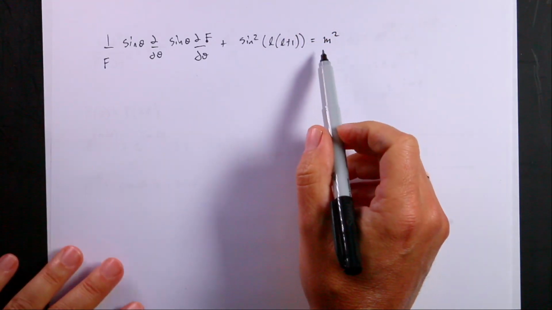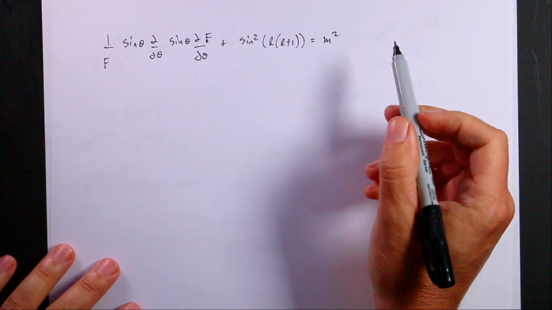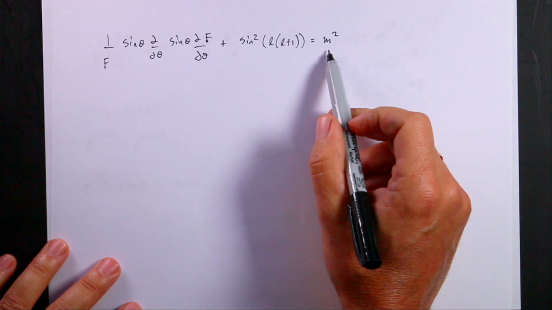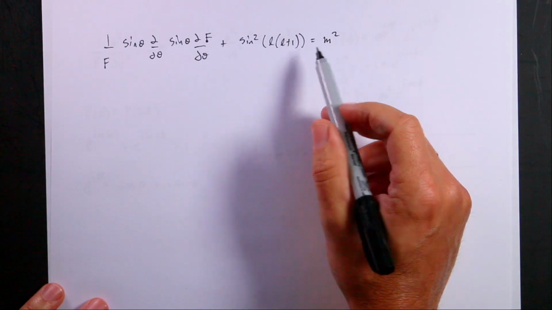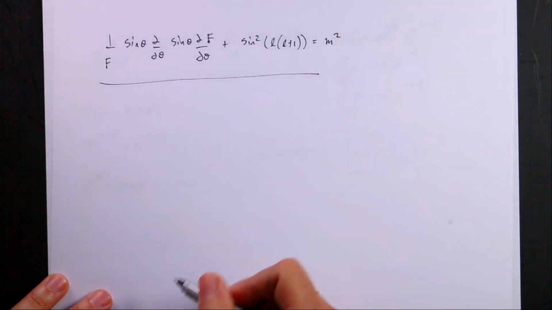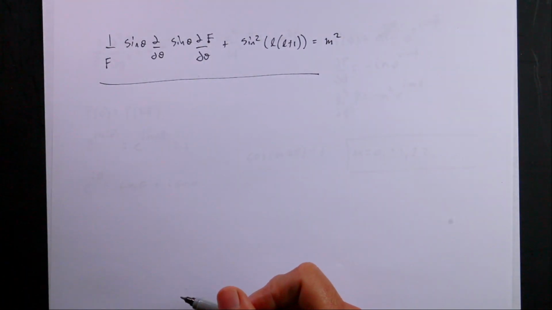And we already said m only has certain values, and that came from the phi part.